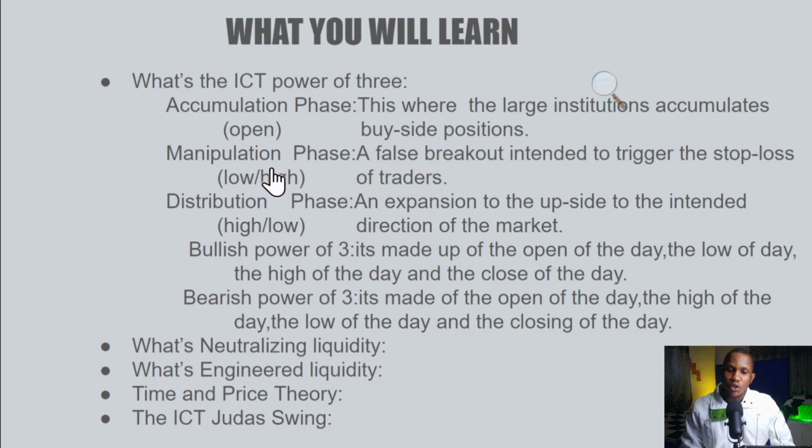Our manipulation will give us the low of the day for our bullish power of trade, and the high of the day for our bearish power of trade. Our distribution phase will give us the high of the day for a bullish power of 3, and the low of the day for a bearish power of 3, and the market will end up closing.